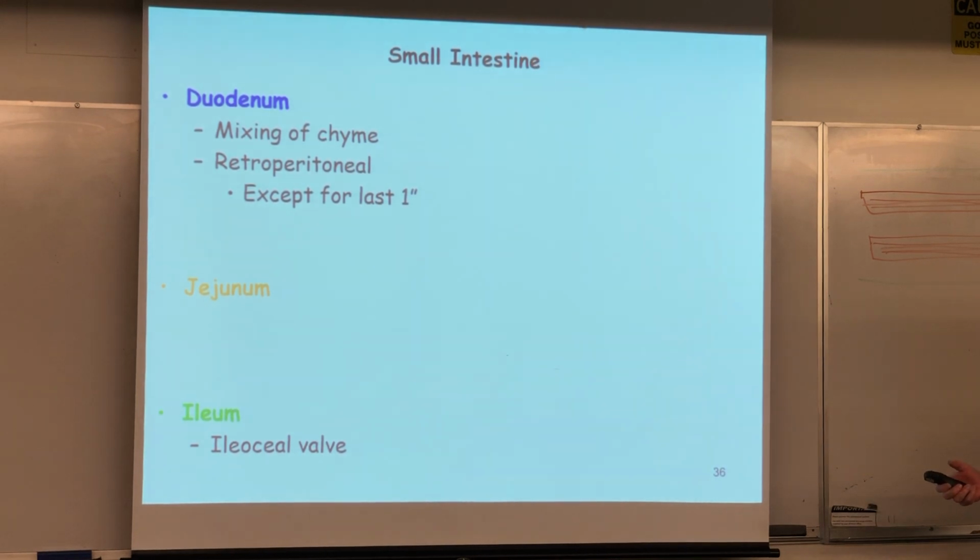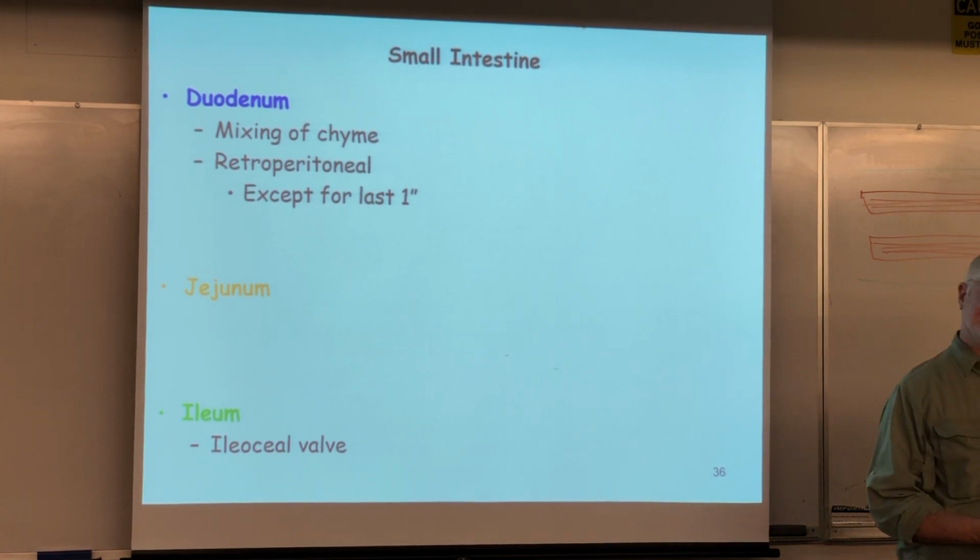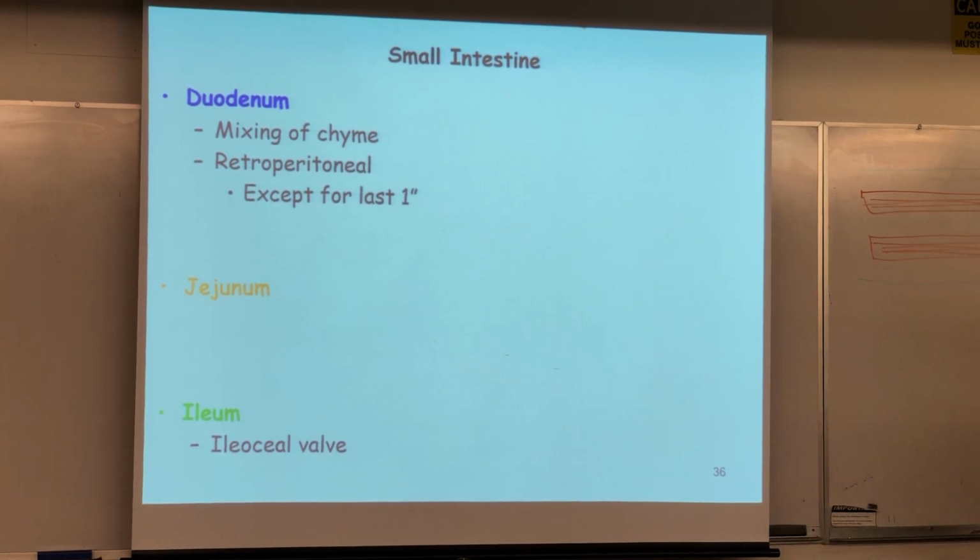But what do you guys have as the function of the duodenum from tonight's lecture? Controls the rate of gastric emptying. In other words, how fast food leaves your stomach. It's going to be the boss of that. And that's what Wednesday's lecture is for.